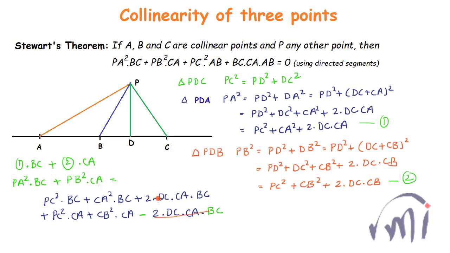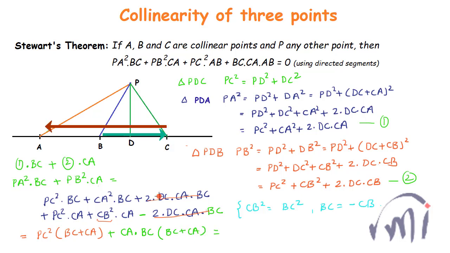And now this will cancel this, and if I take PC square common from these two terms, it will be PC square multiplied by (BC plus CA), and here this CB square will be equal to BC square because BC is equal to minus of CB, and if you are taking square, this negative gets converted into positive. So from these two terms I can take CA dot BC common, and inside the bracket I'll have BC plus CA, and this BC plus CA can be written as BA.